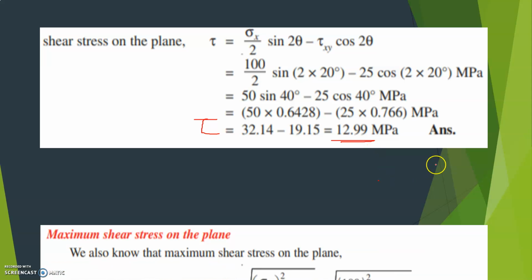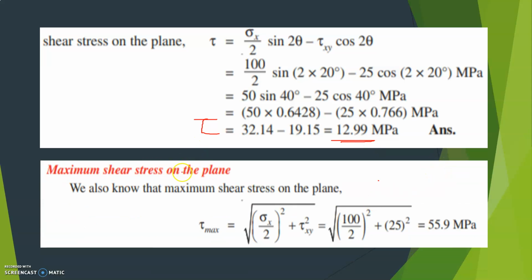You have to find the maximum shear stress on the plane. How to calculate the maximum shear stress on the plane? Tau maximum is equal to square root of (sigma x divided by 2) whole square plus tau square xy. Here you have to see the difference from the first two cases.